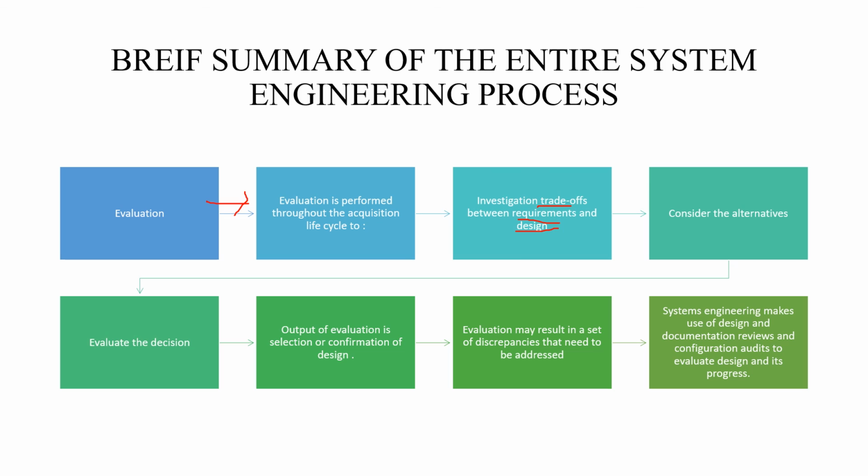And we should also consider the alternatives, because once problems or technical difficulties arise with the current design or the requirements, we need to consider the alternatives that can equivalently solve the problem, and we should evaluate the best alternative among the possible solutions.